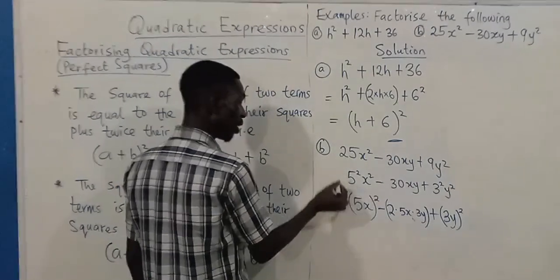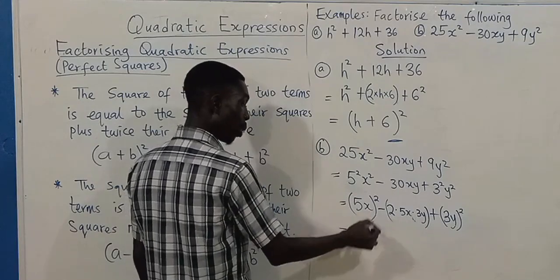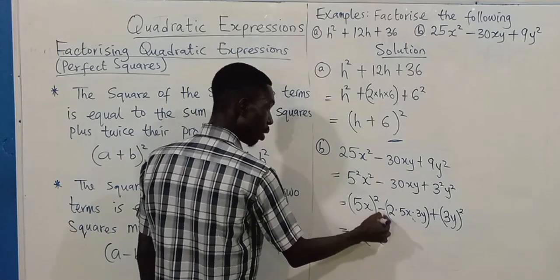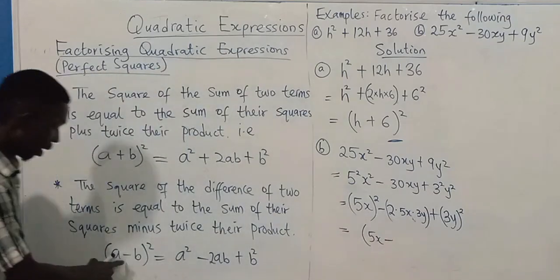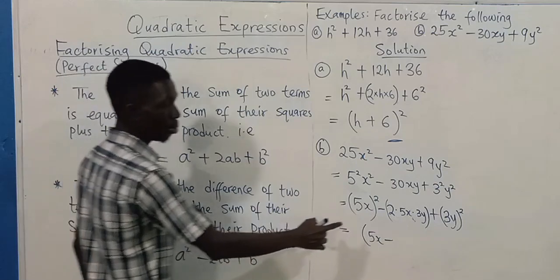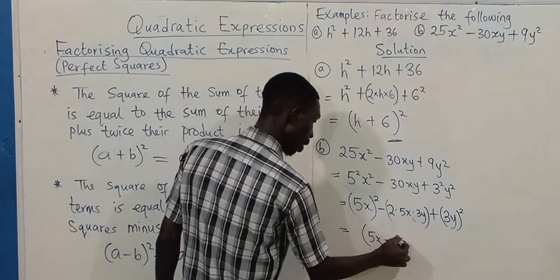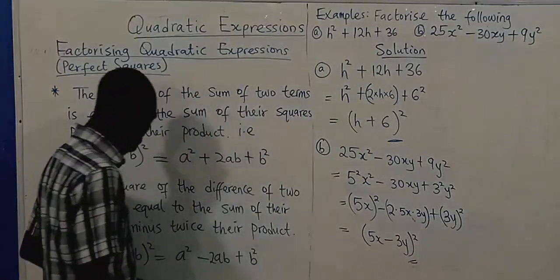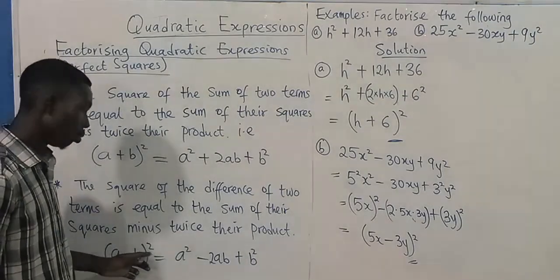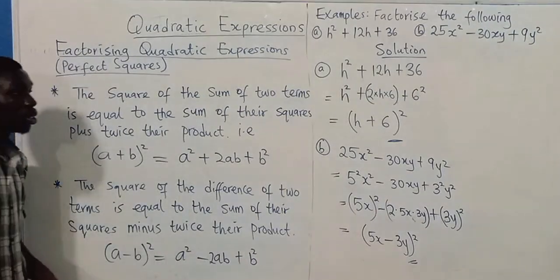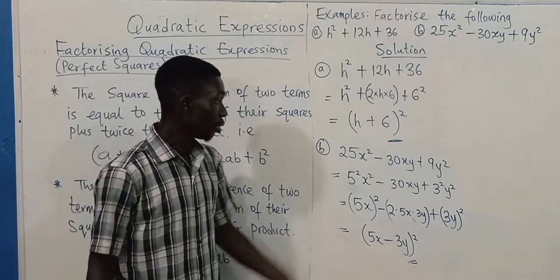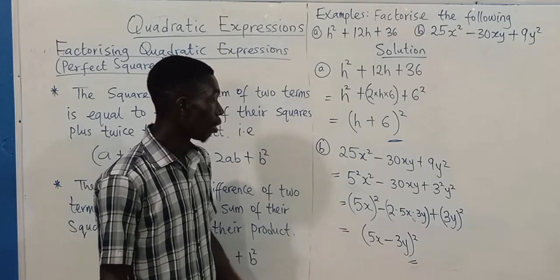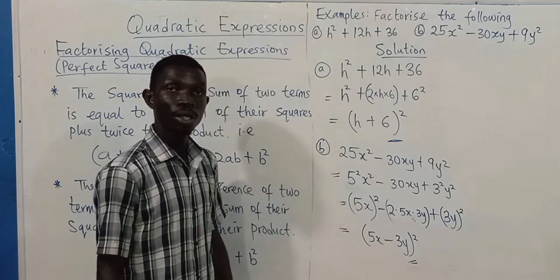So because it's satisfying that, our factors become 5x minus 3y all squared. So this is the solution to this.